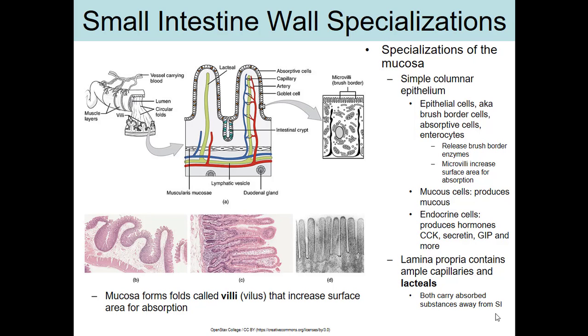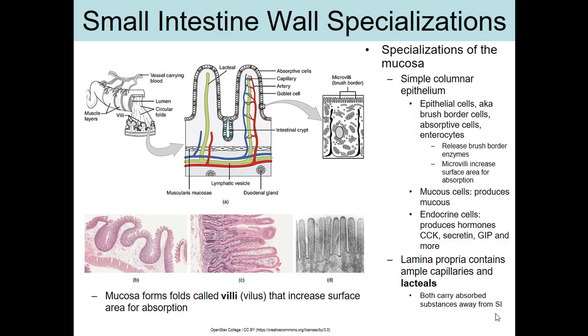In addition to these brush border cells or simple columnar epithelial cells, there are also mucus cells, sometimes called goblet cells, which are embedded in the epithelium, and of course they produce mucus. There are also going to be enteroendocrine cells, or just endocrine cells if you will, which will be producing hormones. So these are also located in the epithelium, and they are going to produce many hormones such as CCK, secretin, and there's many more.